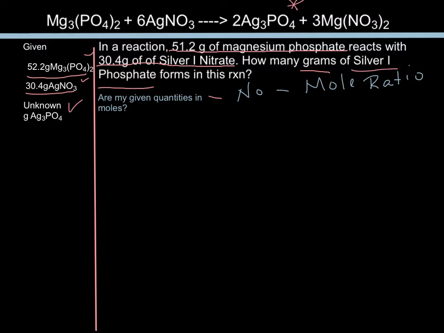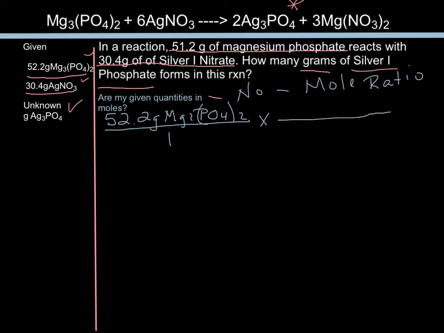Okay, so let's get started. The first given that I'm going to convert to moles is the magnesium phosphate. So I'm going to set up my conversion: 52.2 grams of magnesium phosphate. I'm going to put my given over 1. Now I know that when I convert from grams to moles, I'm going to use molar mass.